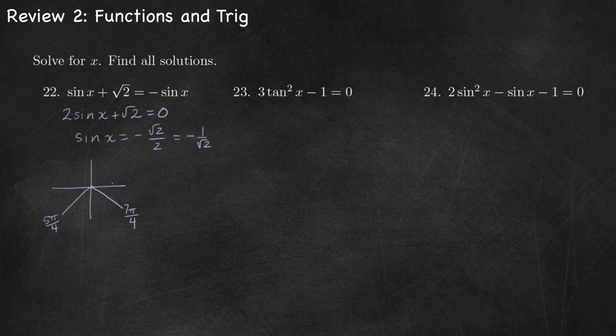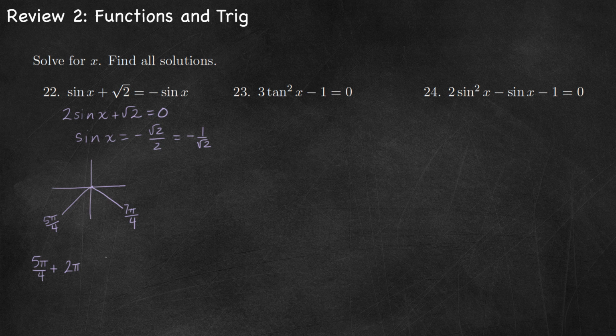Now these are just the two solutions between 0 and 2 pi. But we're asked to find all solutions. So it's 5 pi over 4 plus all of the corresponding solutions in other cycles. And my period here is 2 pi. So to get to the next corresponding solution in the next cycle, I would add 2 pi, and then I would continue to add multiples of 2 pi.